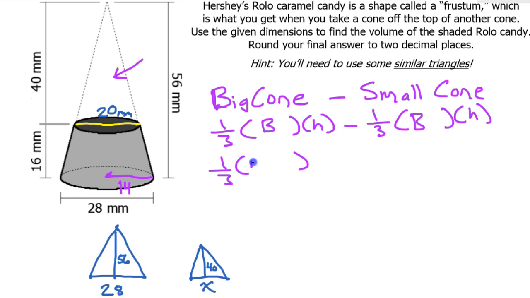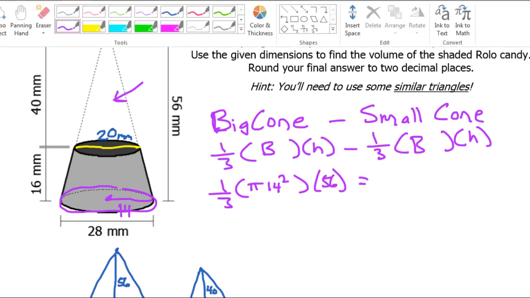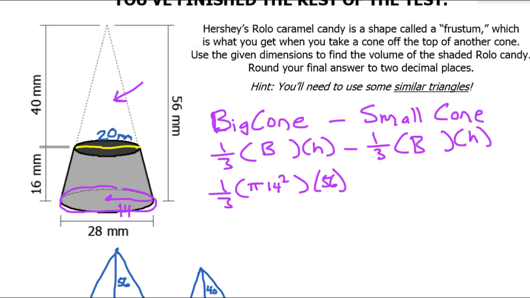So that's going to be pi 14 squared. That's the area of the base of the large cone. Now, the height of the large cone is 56. So this will be times 56. Not equals, minus.